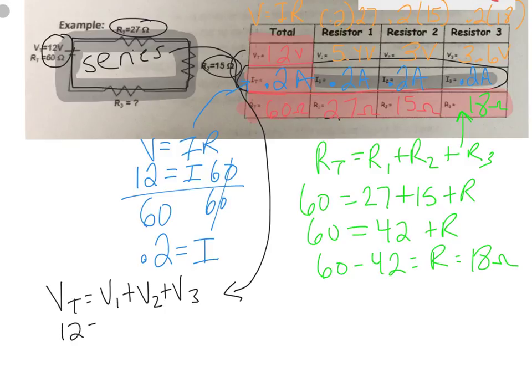So I want to verify that 12 is in fact 5.4 plus 3 plus 3.6. If I add those in my calculator, I see that 5.4 plus 3 plus 3.6 is in fact 12, and so I've been able to double check my answer. Since this was the last thing I did, if it holds true, then the probability is that I hadn't messed up on any of my other work.